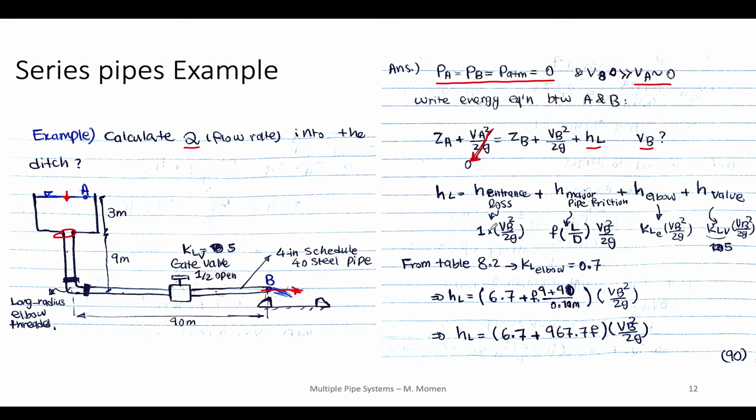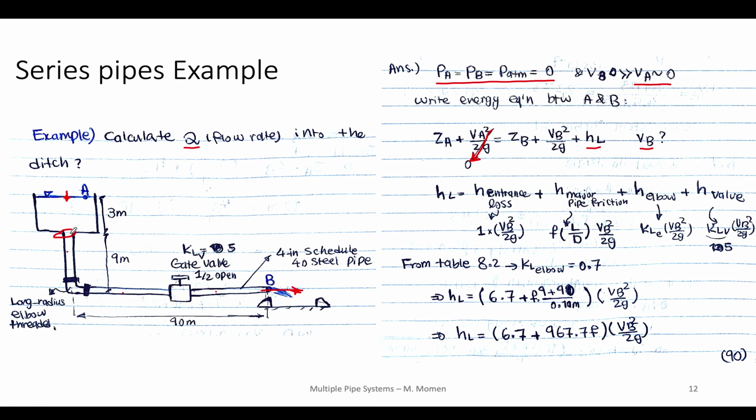The first one is KL, a minor head loss, so I can write it as KL times VB square over 2G. Here I have made one assumption. You might say, why VB, not VA? The V here is not VA, right? Because VA is here.